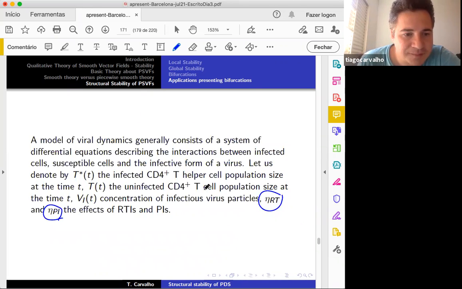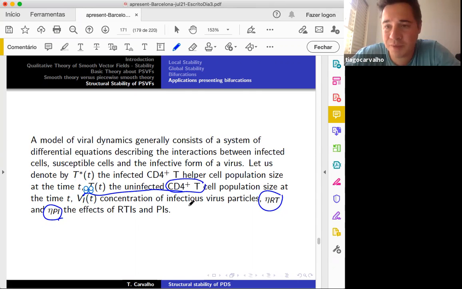The letter T corresponds to uninfected CD4 plus T cells. Okay, this is the name of the cell. It's a defensive cell of our body. So T is the number of these uninfected cells.